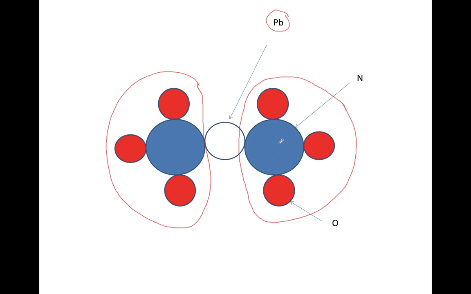Okay, so if we count up the total number of atoms, we have one Pb, we have 1, 2, 3, 4, 5, 6 oxygen, and we have 1, 2 nitrogens.